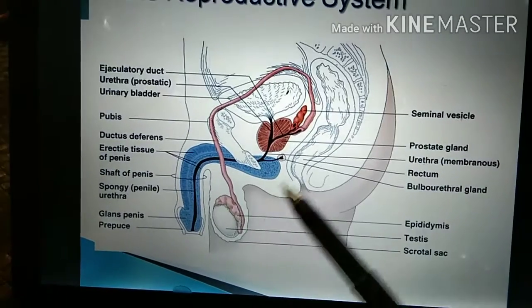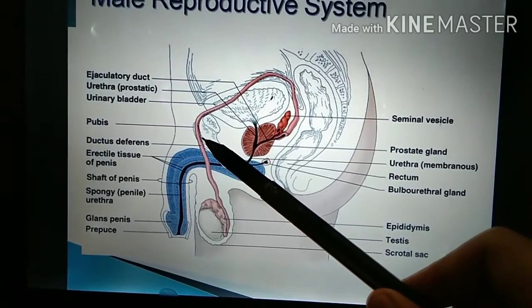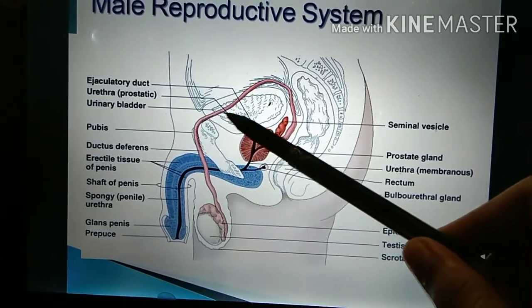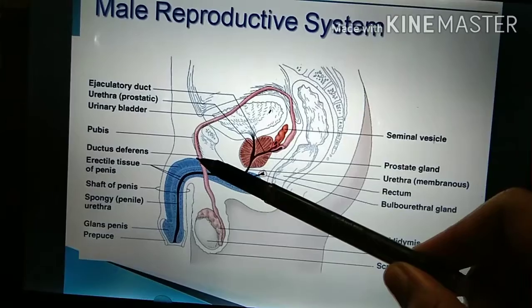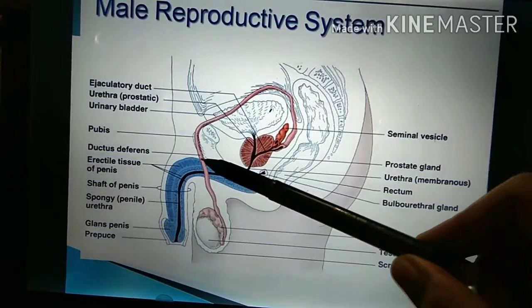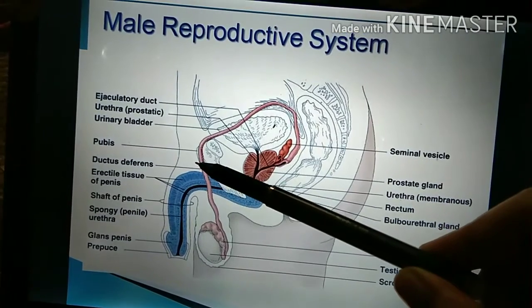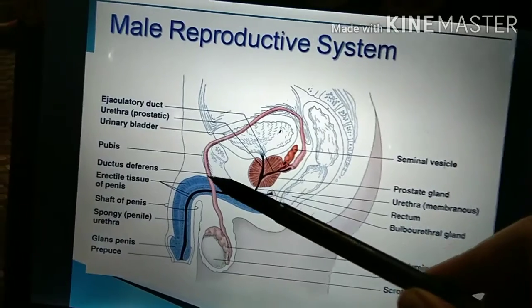And then the ductus deferens, or the vas deferens. The vas deferens is a long muscular tube that travels from the epididymis into the pelvic cavity to just behind the bladder.